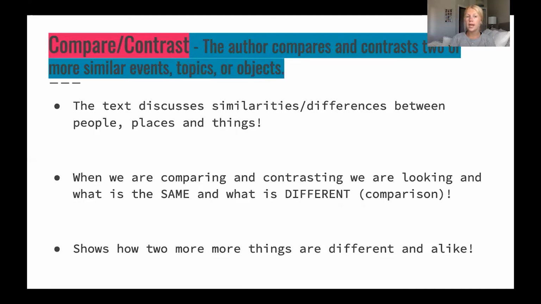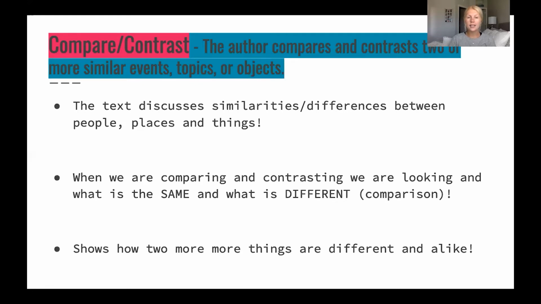When we're thinking of compare and contrast, our author is comparing something and then contrasting something that is different through similar events, topics, or objects. When we're comparing and contrasting, things can be similar and things could also be different between the two topics or objects that we are looking at in our text.